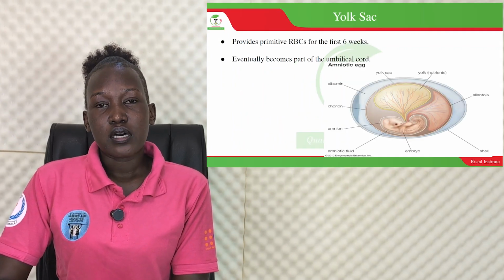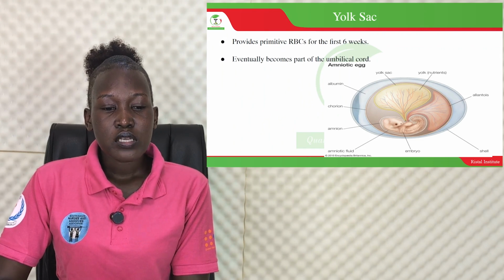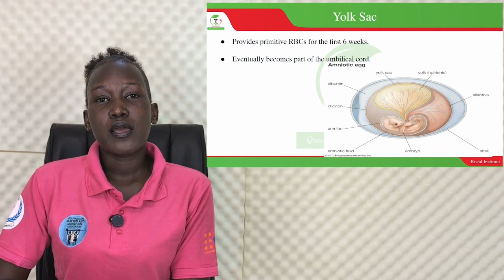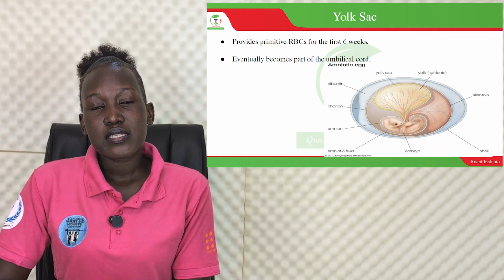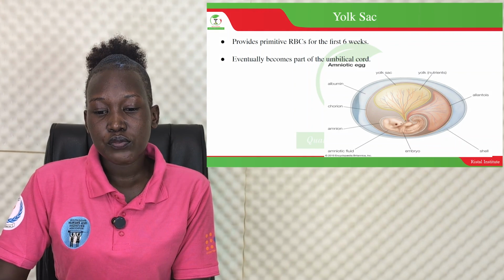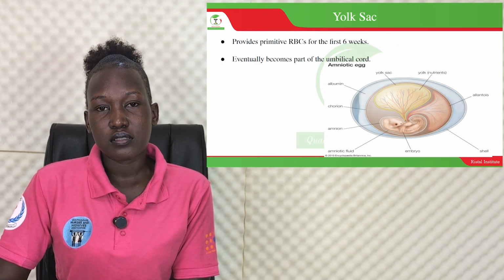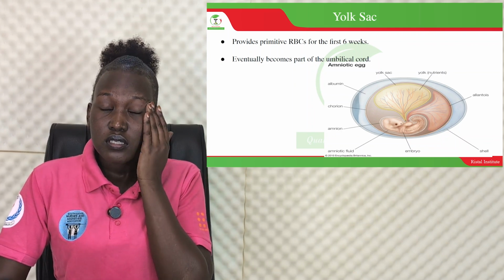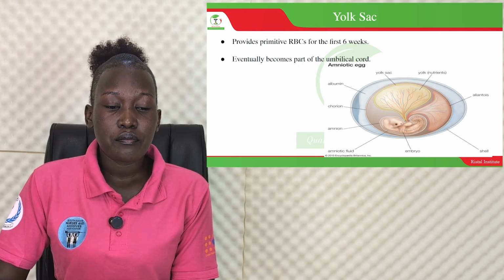Then we have something called the yolk sac. The yolk sac is also formed from the inner cell mass of the blastocyst. As we are able to see, it is inside, it's not outside. So it forms from the inner cell mass of the blastocyst, which we call the embryoblast.